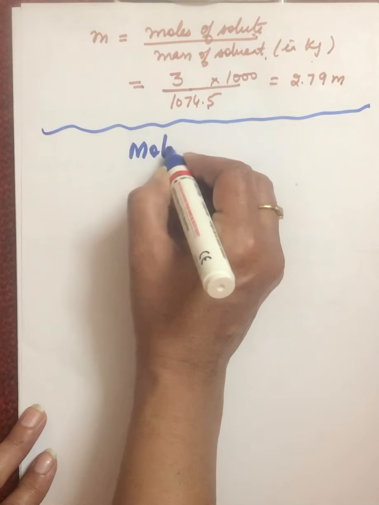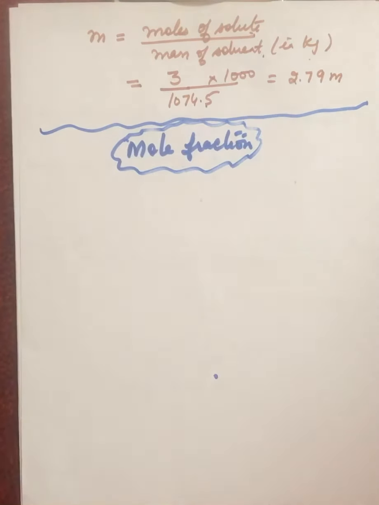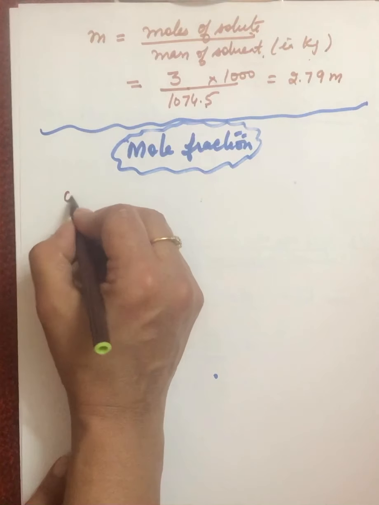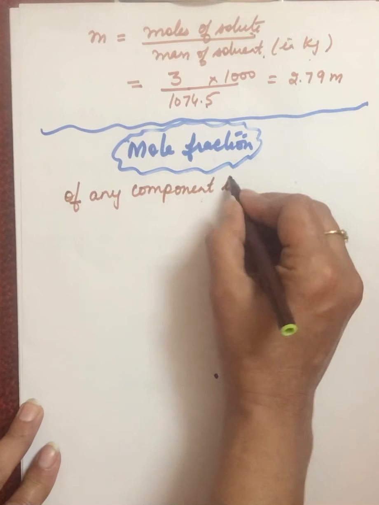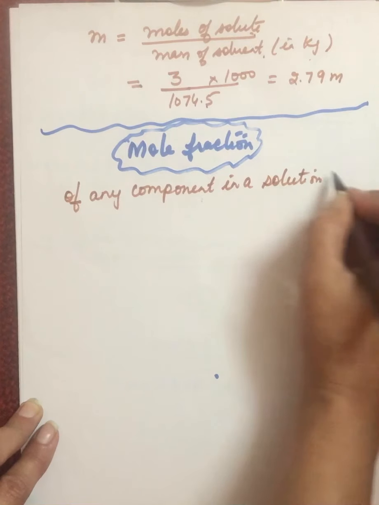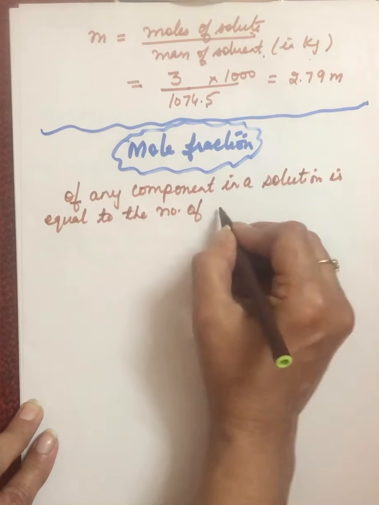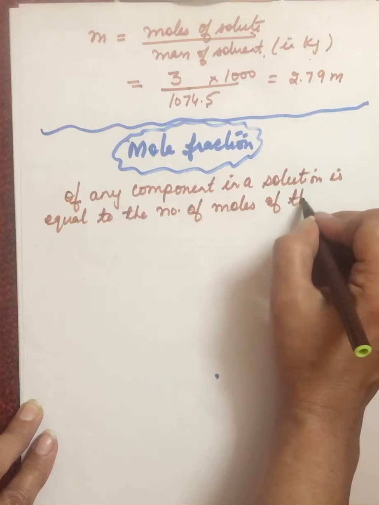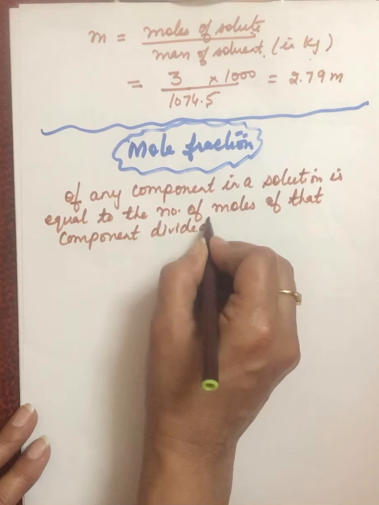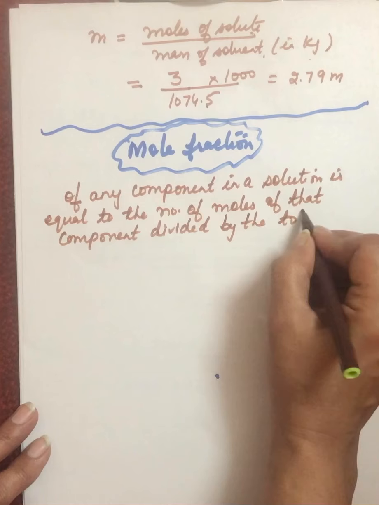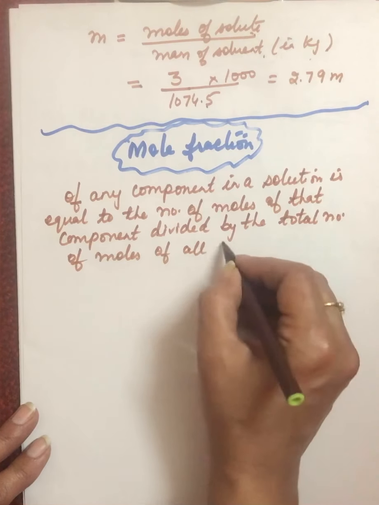Now, sixth concentration term, mole fraction. Mole fraction of any component in a solution is equal to the number of moles of that component divided by the total number of moles of all the components.